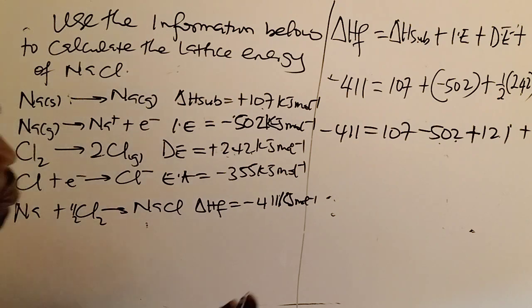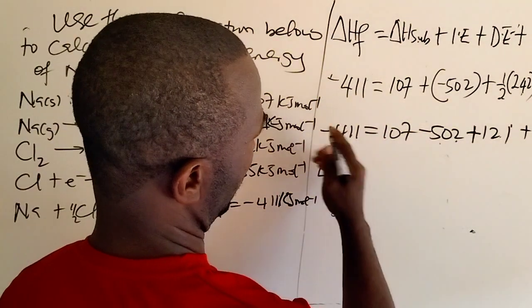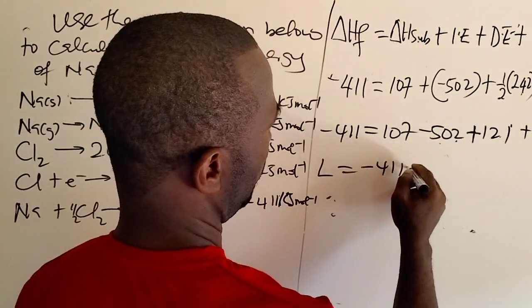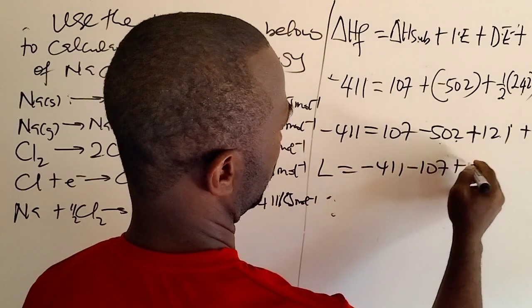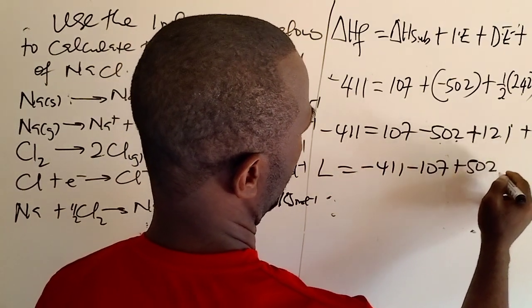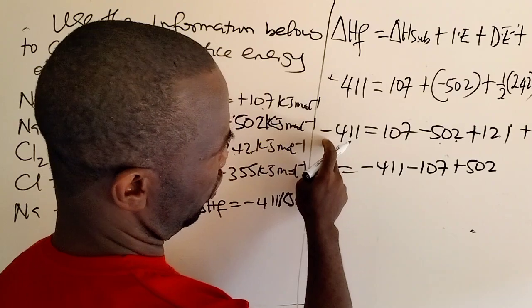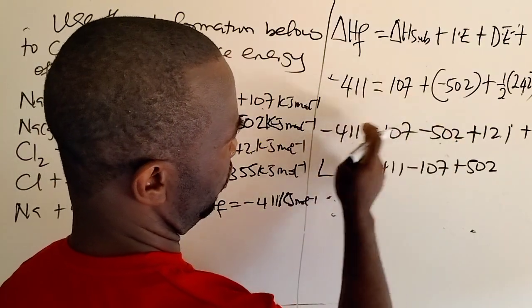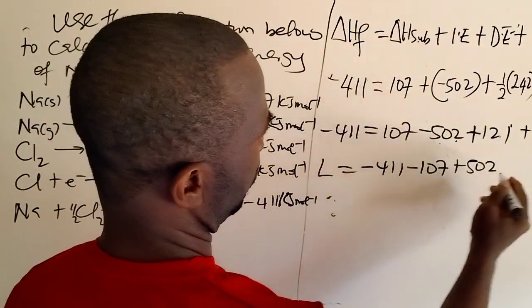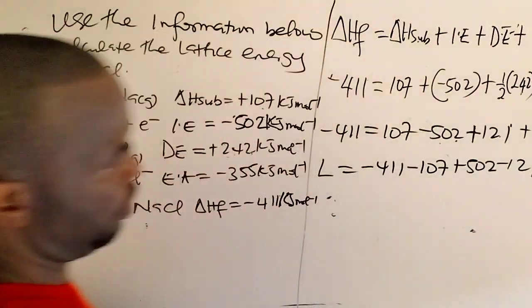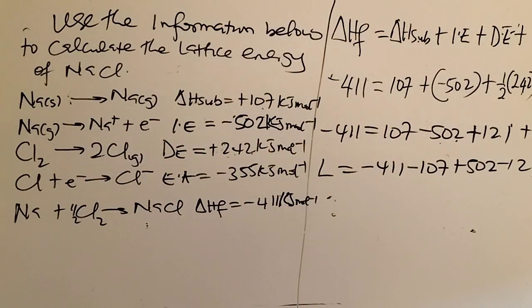Our L now becomes, crossing everything to this side, minus 411 minus 107 plus 502. Then minus 4, this crossing over becomes minus, this crossing over becomes plus, this one crossing over becomes minus. So we solve this, we get the lattice energy of sodium chloride.